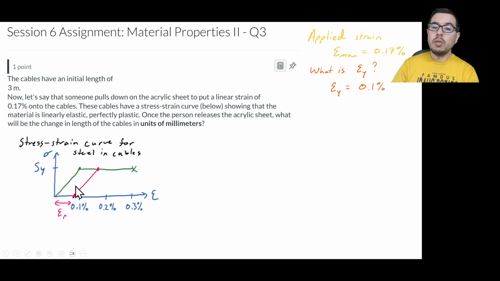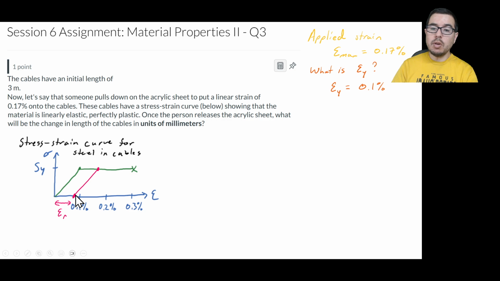But we do know that the linear regime goes 0.1%. So that means that we're going to go back the same amount that we went when we went plastic. So that's going to be the 0.1% going backwards.